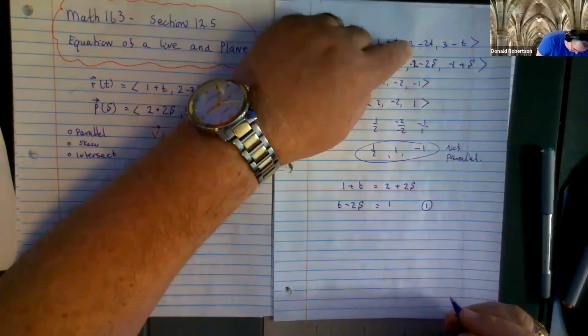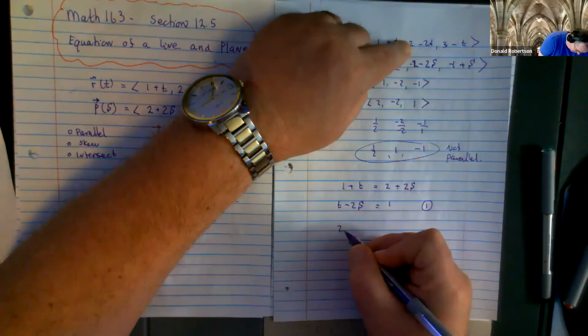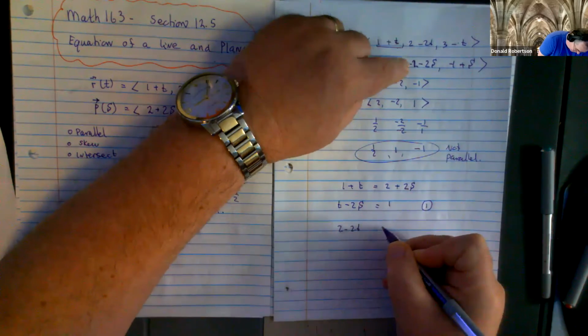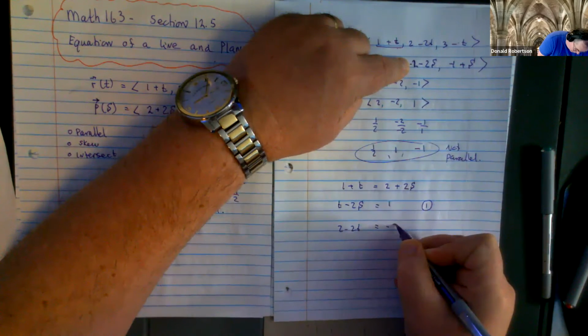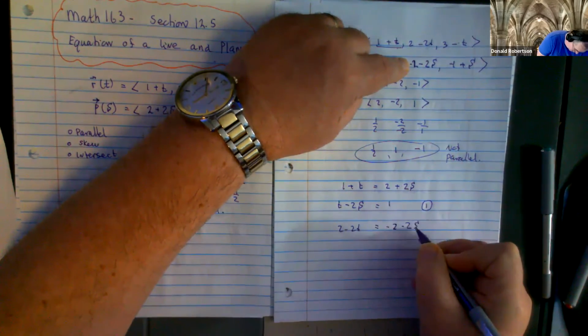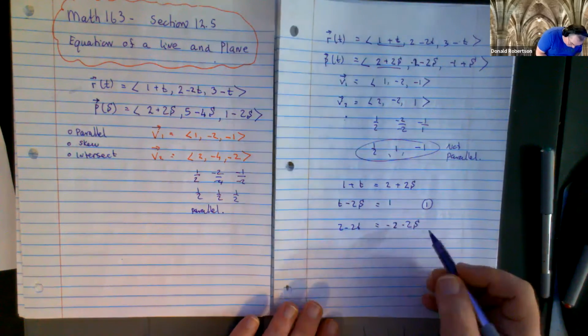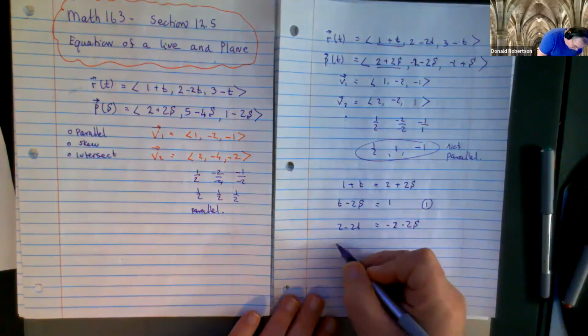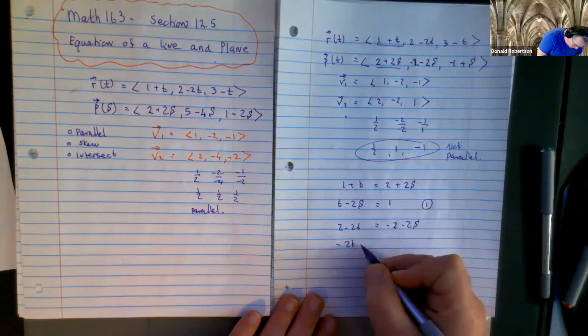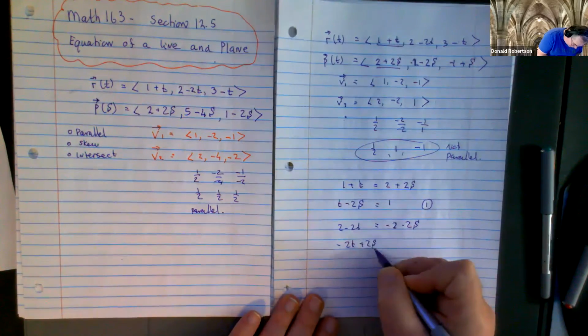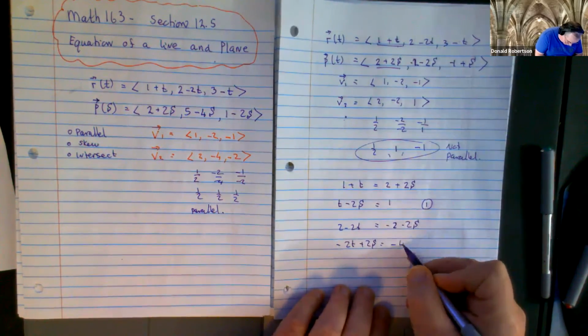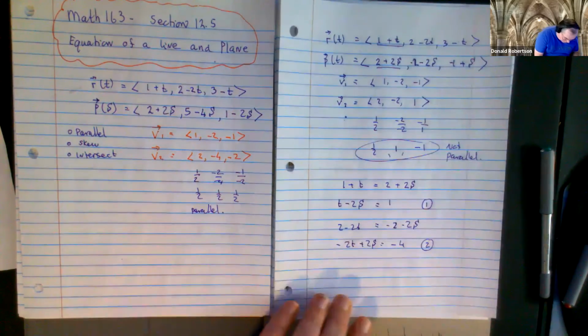Now if I compare the y components and make them equal, after moving things around I get negative 2t plus 2s equals negative 4. I'll call that equation 2.